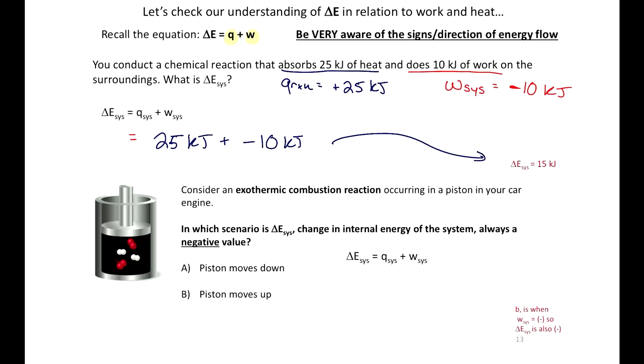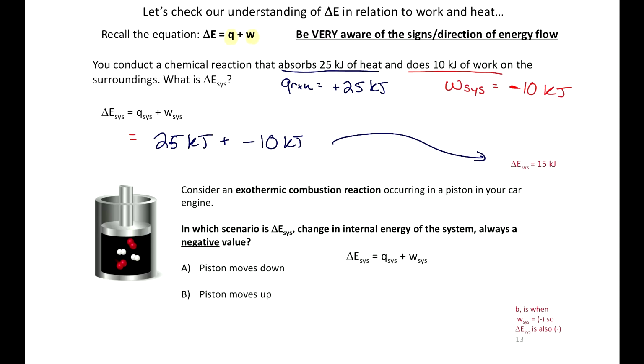Okay, so we have an exothermic combustion reaction occurring in a piston in our car. In which scenario is delta E of our system always negative? Is it when the piston moves up or when it moves down? Right, there's a lot of moving parts in this question, so let's break it down.